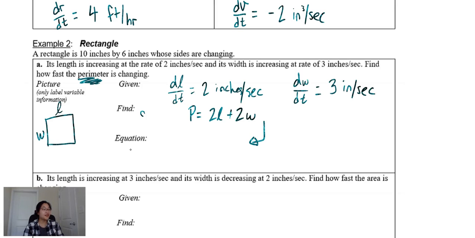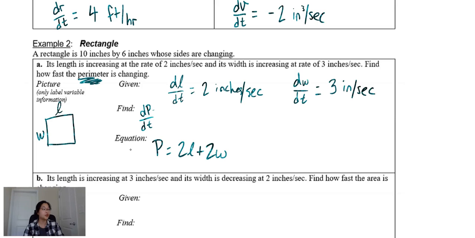We're looking for dP/dt, and the equation that we're using is P equals 2L plus 2W. I'm going to erase that so we clean that up. So we're looking for dP/dt, and what's the units on this? Well, perimeter is measured in inches, so we're still looking at inches per second.